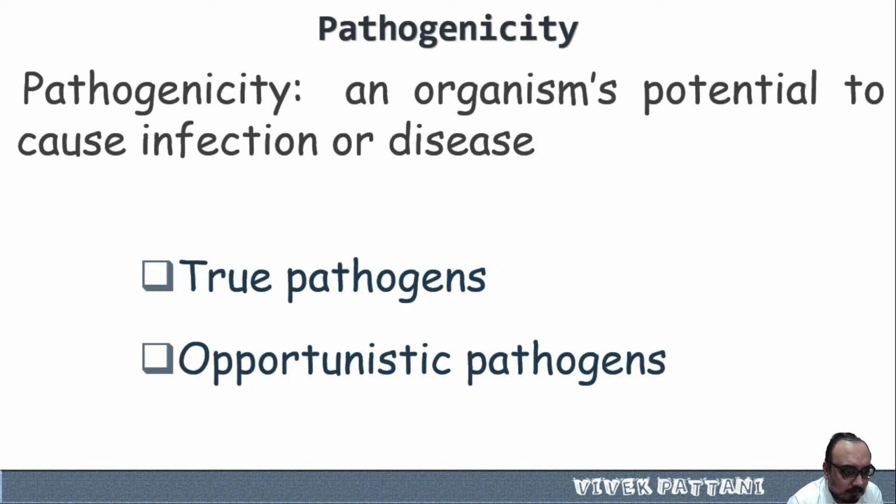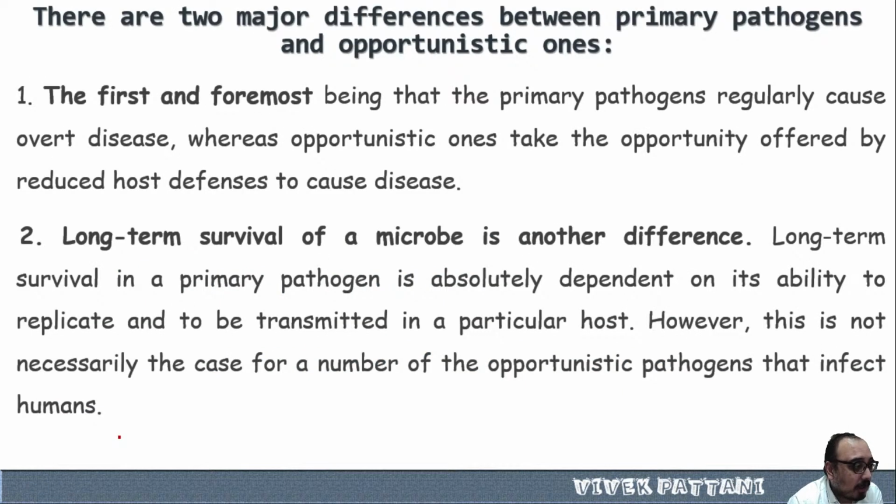For example, there are some microbes, such as Rickettsia. They are obligate parasites which are going to cause a disease. Another example is Mycobacterium tuberculosis. It is going to cause a disease.